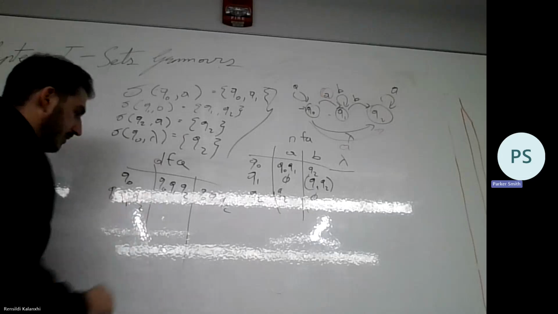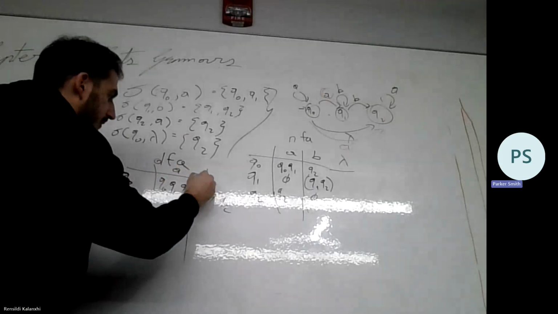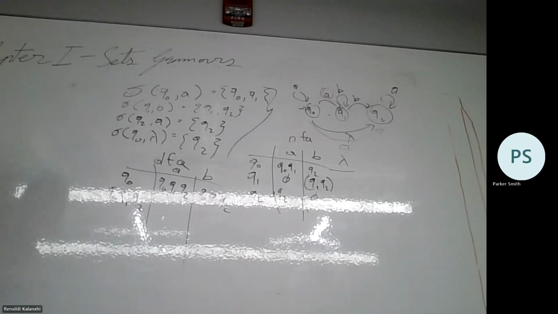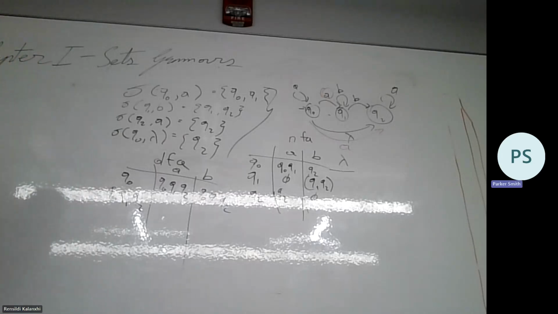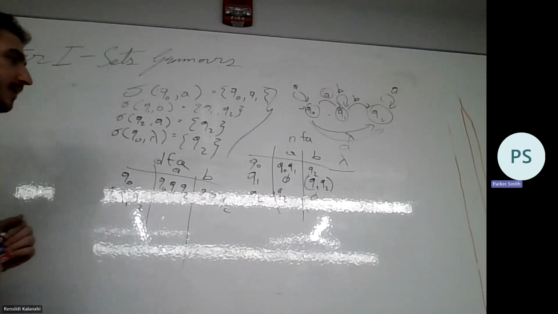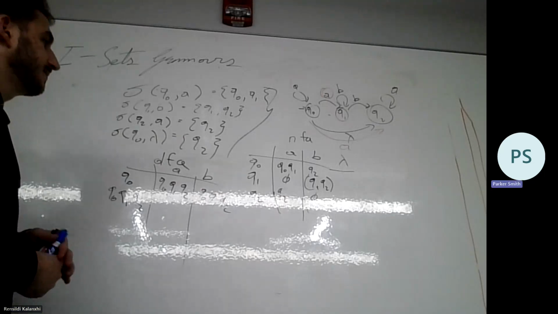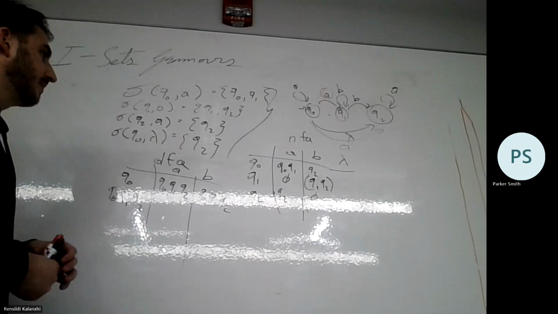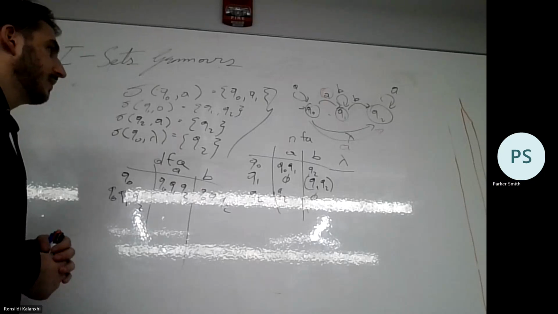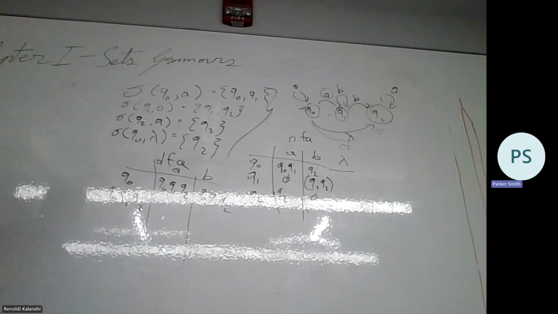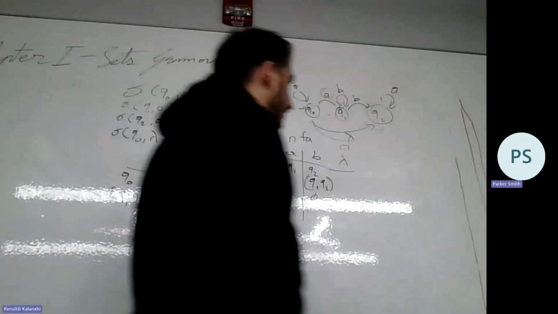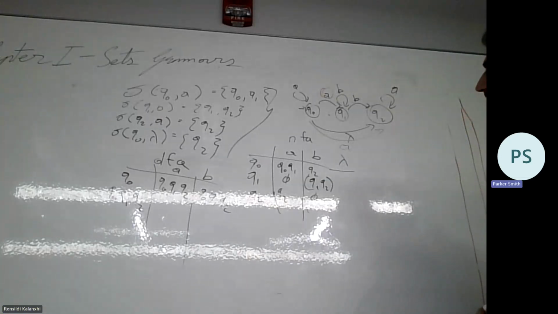Oh wait, not in the DFA state. Hold on. This was number 4. Q0 for B in the DFA graph is just Q2. Because in the NFA table, for Q0, A is Q0, Q1, Q2, and B is just Q2. So in the NFA table it's just Q2 for B because we're not looking at multiple levels, so there's no combination. Do you know what I mean?